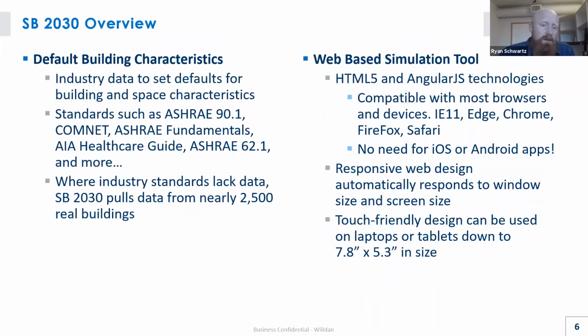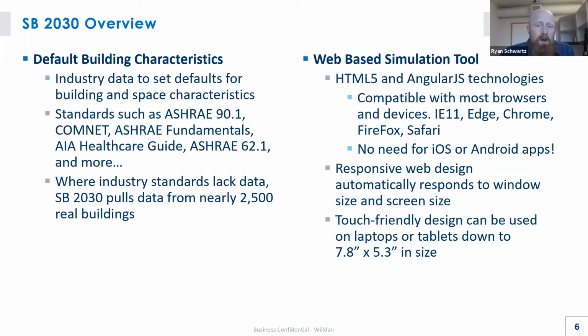The tool is based on a series of default building characteristics. So the key premise of the tool is a simplified building approach. We've tried to streamline the inputs that a user has to make within the tool.